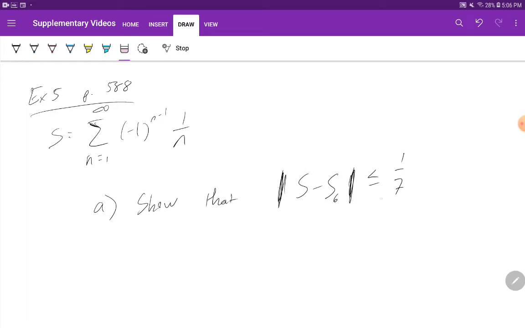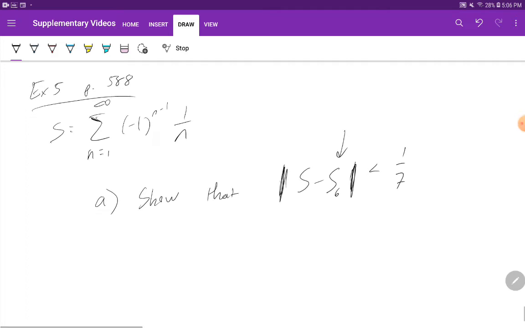It's just less than, not less than or equal to. So literally all they're asking is to claim that this holds true for S sub 6.